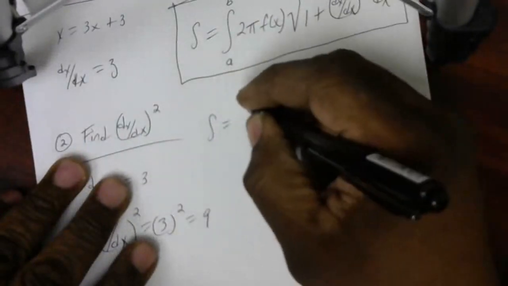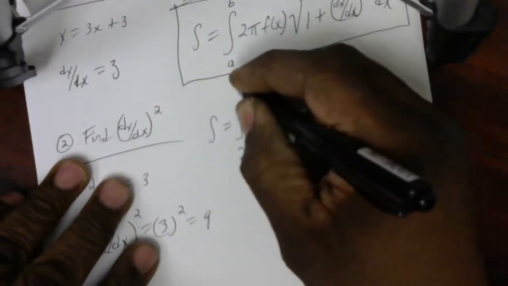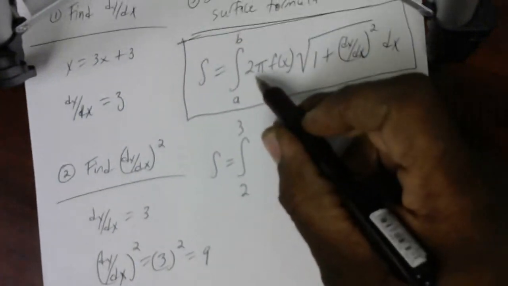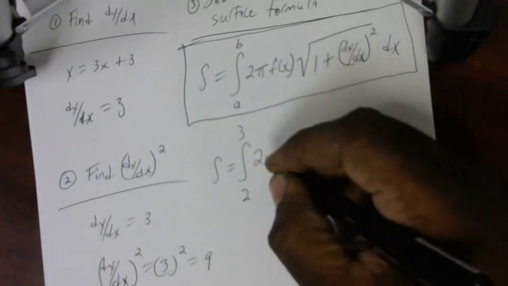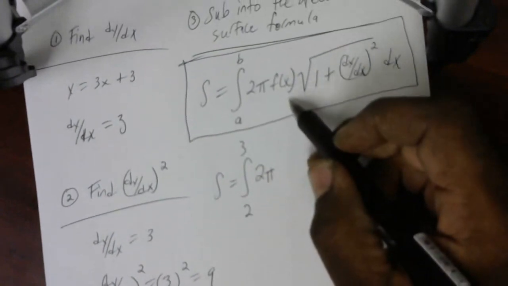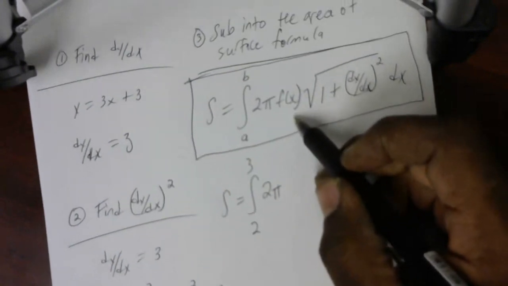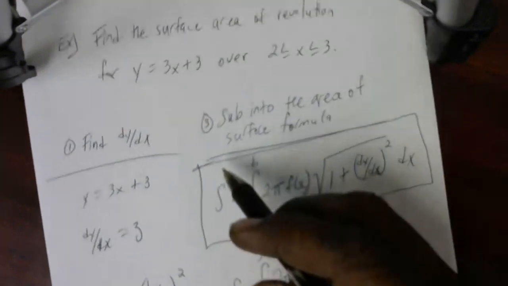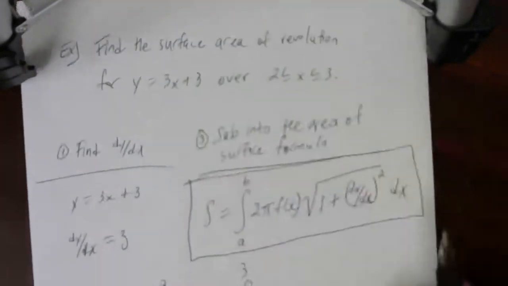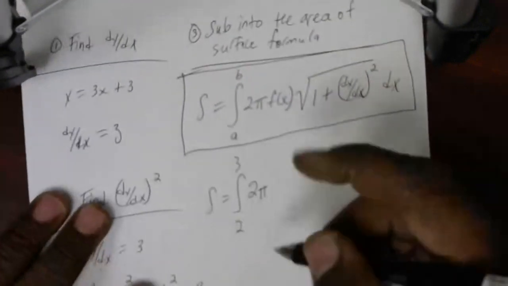So the surface area is equal to the integral from 2 to 3 for 2 times pi times f of x. Now keep in mind that f of x is simply the function that we're given, 3x plus 3.